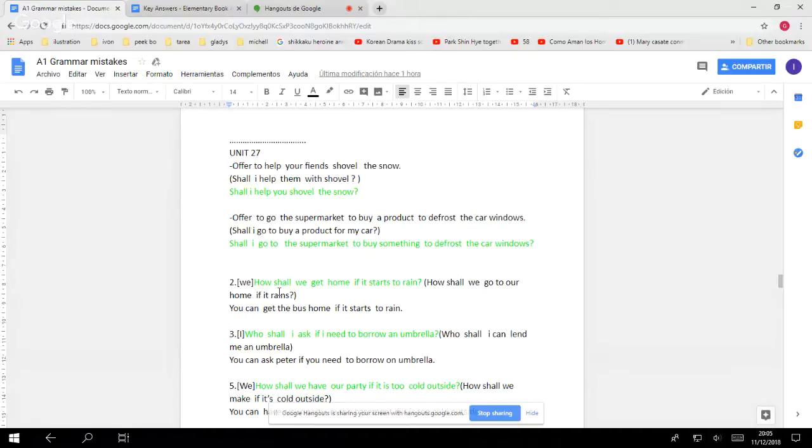That is more exactly when you say if it rains, you are talking that is probable, that is sure that it's going to rain. So if you use if it starts to rain, it's a probability. Okay. So the next one.